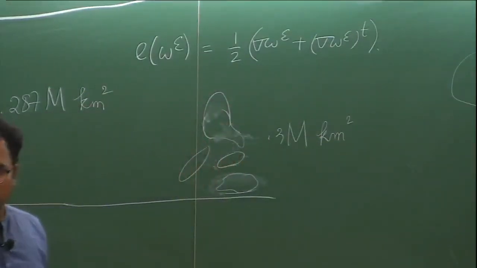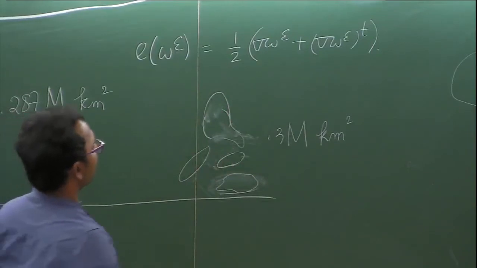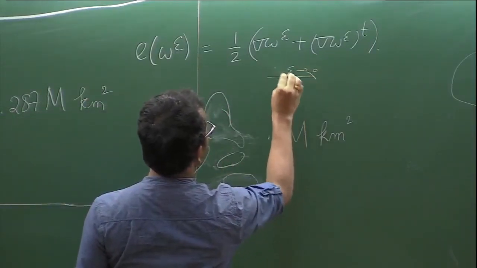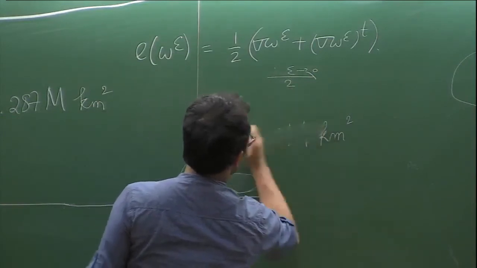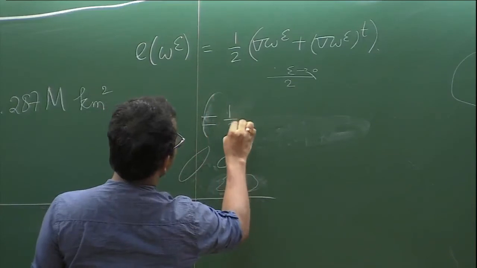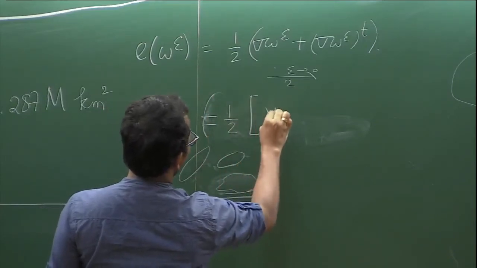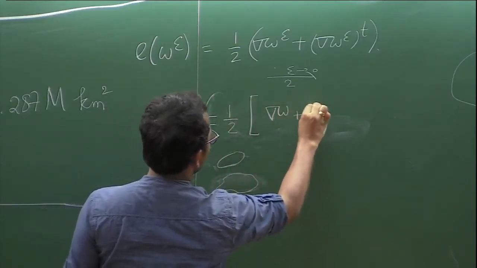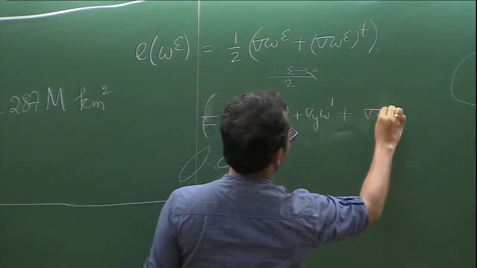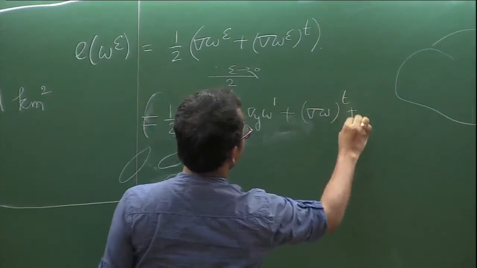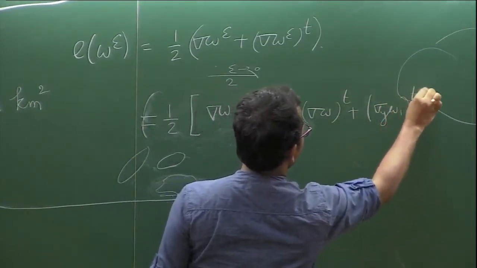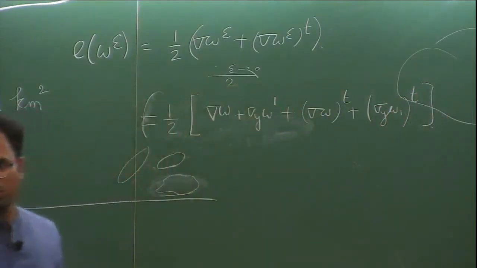So that's how we define the Cauchy stress tensor. And when we are passing the 2-scale limit as epsilon going to 0, this will converge to 1/2 gradient of W plus gradient of Y W1, and then gradient of W transpose plus gradient of Y W1 transpose.